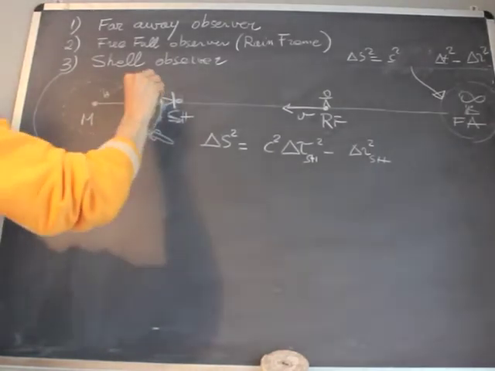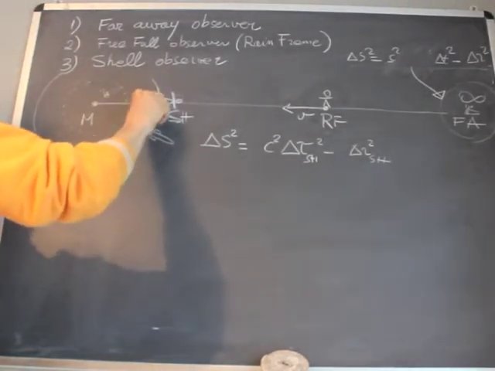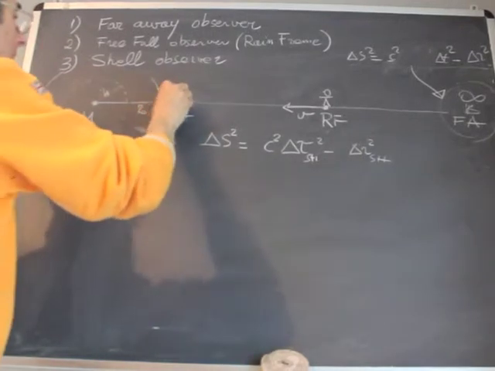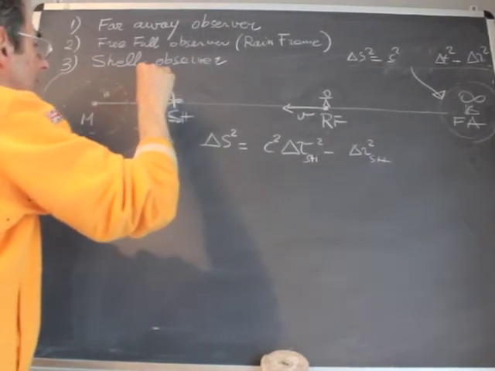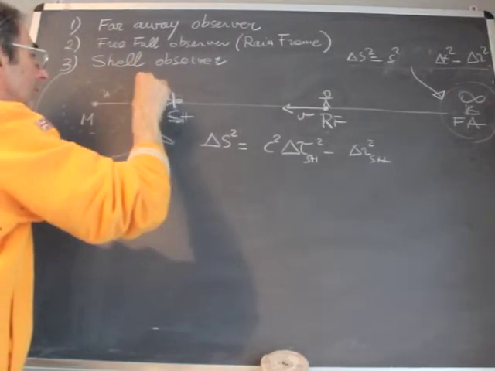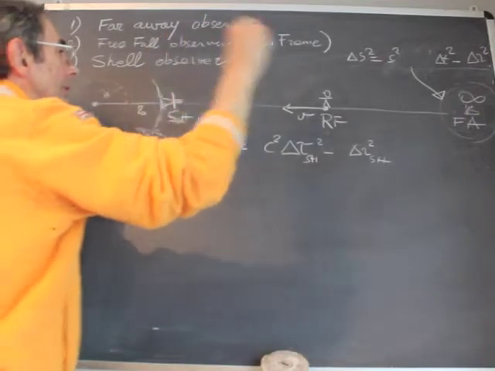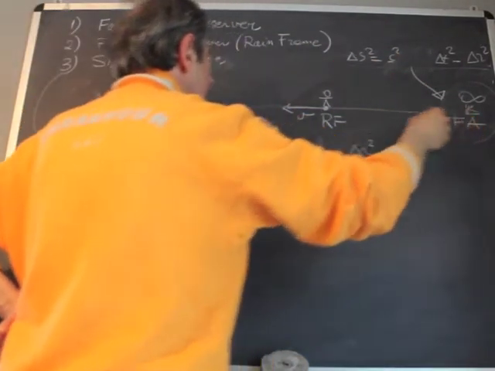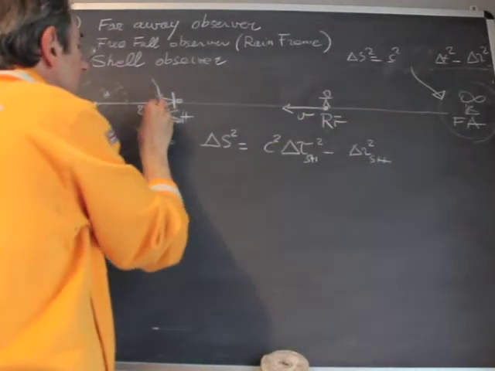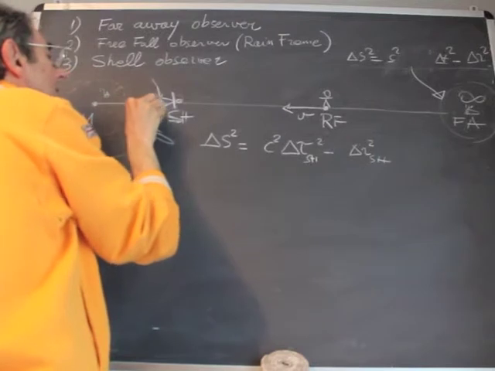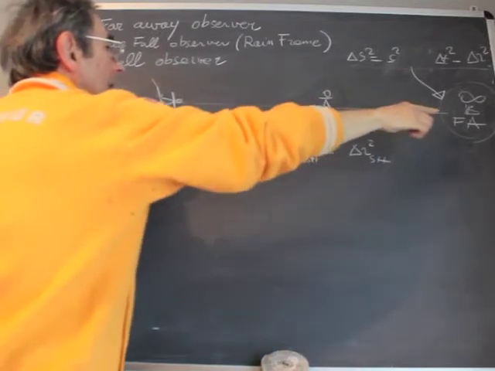Okay, because locally it doesn't need the Schwarzschild metric. This is the proper time and this is the proper space as measured exactly here. You need the Schwarzschild metric for this guy here when you measure the same space-time interval between the two events related to the ball.